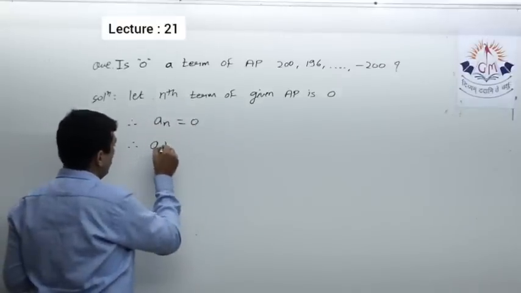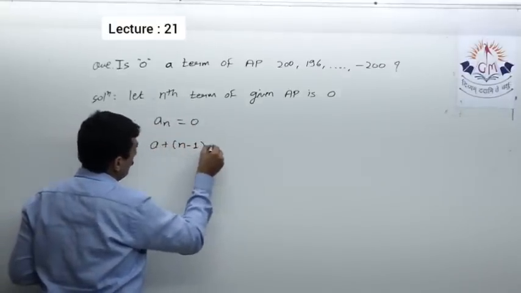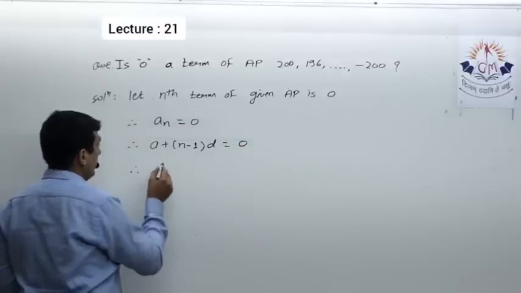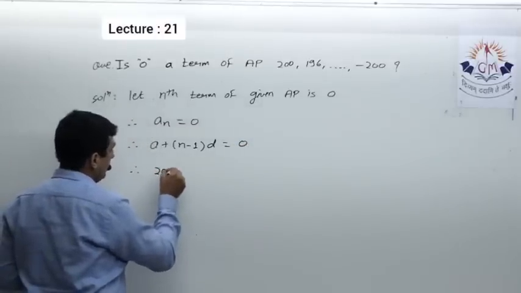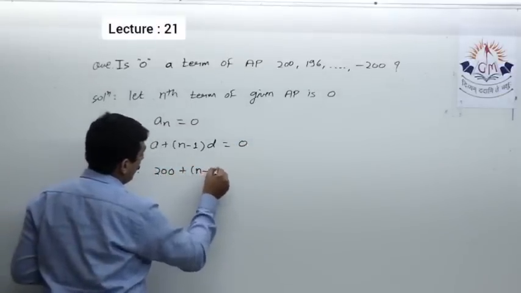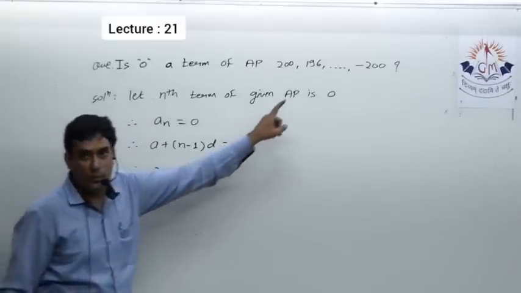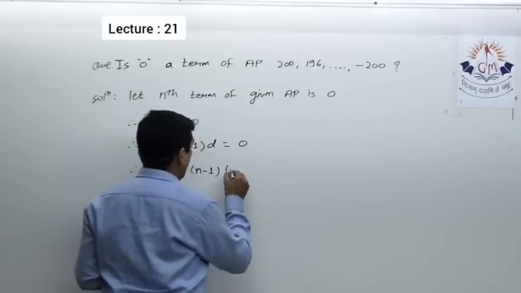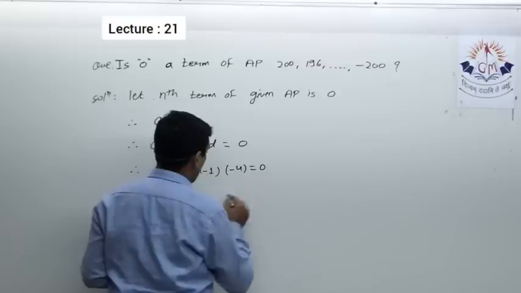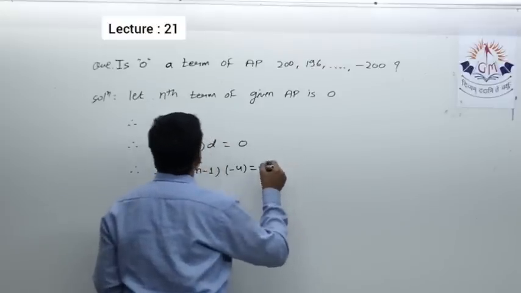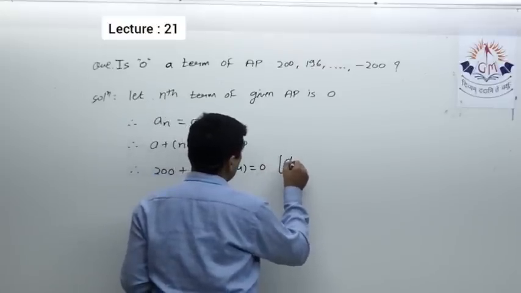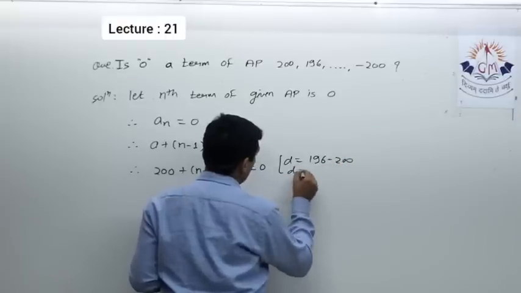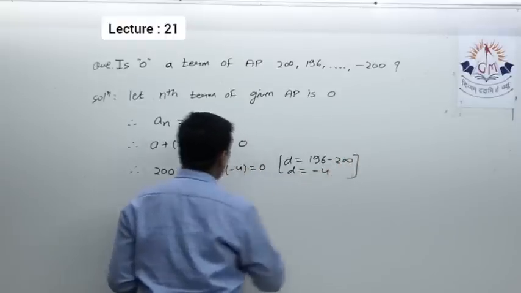So a plus (n minus 1) into d is equal to 0. Now a is 200 plus (n minus 1), and d over here is 196 minus 200, that is minus 4, is equal to 0. Here you can write how you got it: d is 196 minus 200, therefore d equal to minus 4.